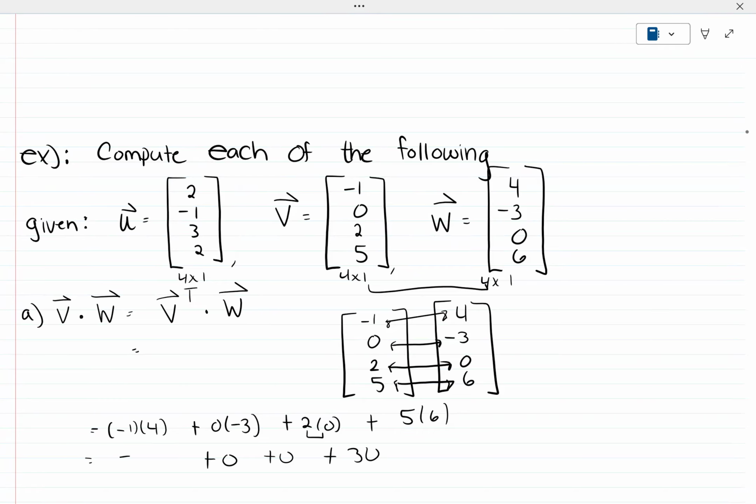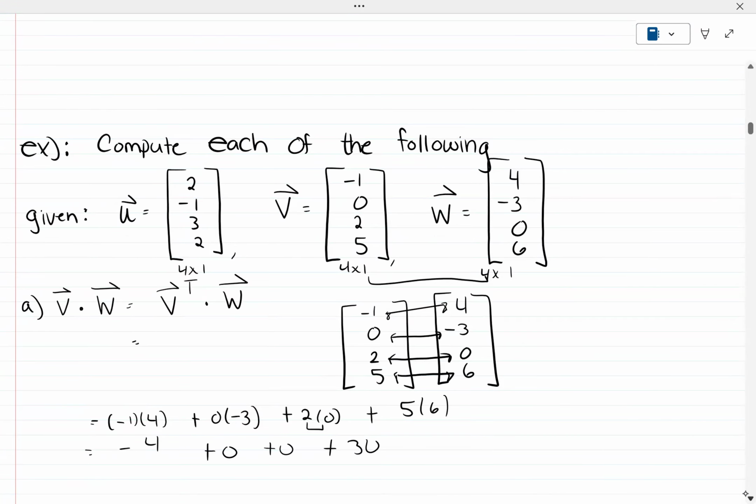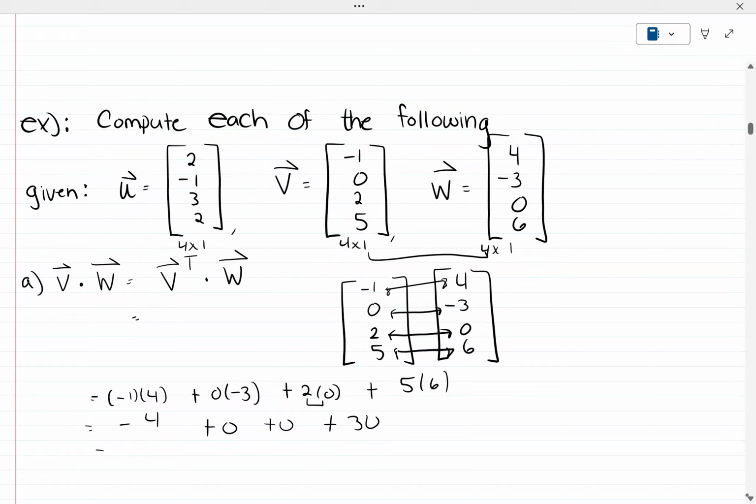Adding them, you get 26. So vector v times vector w is 26.